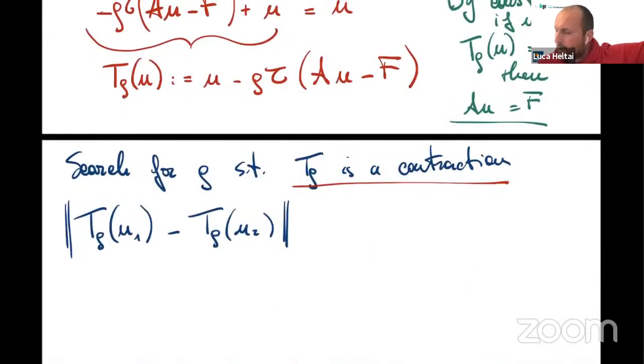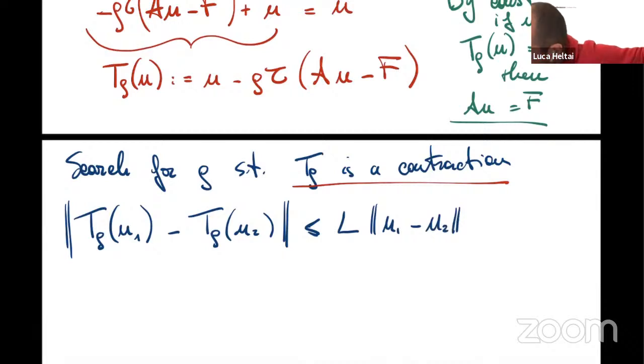So T rho of u1 minus T rho of u2 has to be smaller or equal than L, norm of u1 minus u2, where L is a real number smaller than 1 such that this is satisfied.